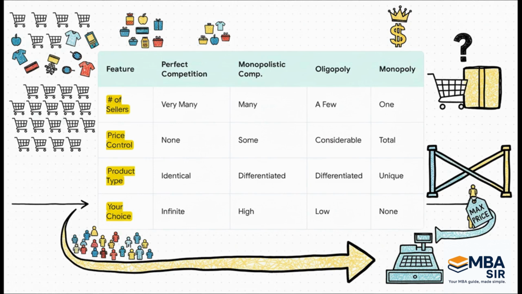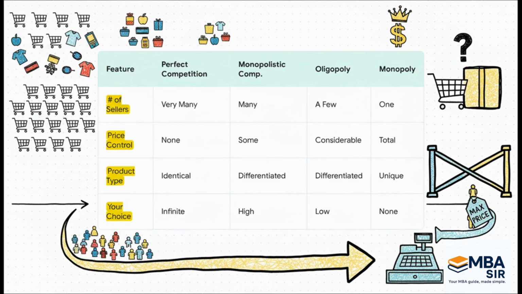But look at that bottom line because that's the one that hits home for you, your level of choice. It goes from basically infinite all the way down to zero. That's the takeaway. The structure of a market directly controls your options and what ends up coming out of your wallet. And all of this leaves us with a really big question for right now.